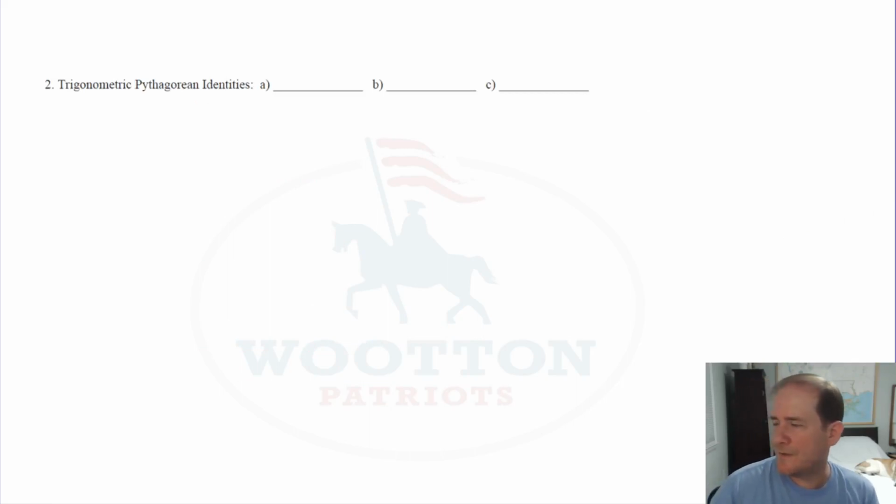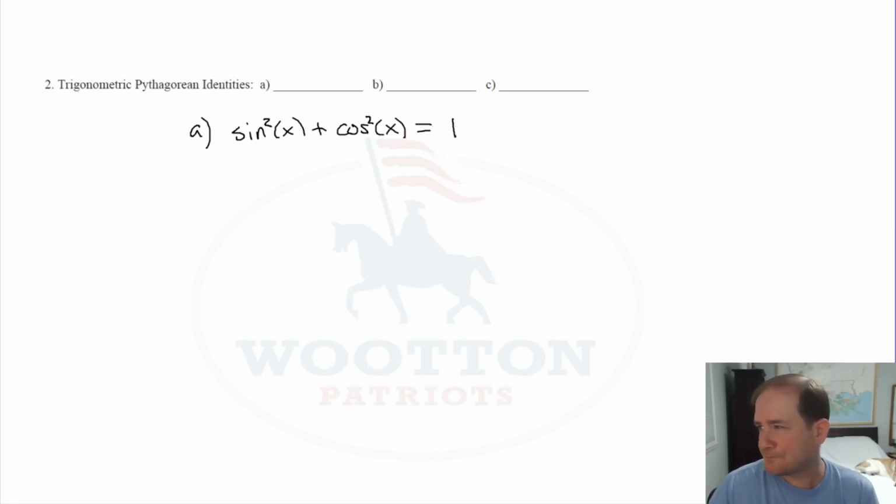Number 2's fast. I'm just going to tell you the answer, and we can decide if we care about going deeper later. But the Pythagorean identities were the ones that said that the sine squared of x plus the cosine squared of x would always equal 1.